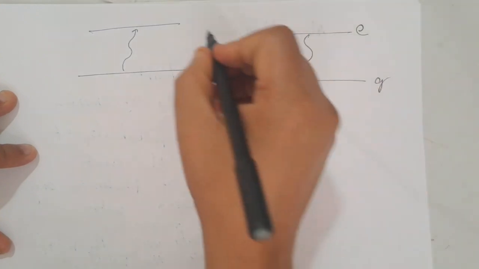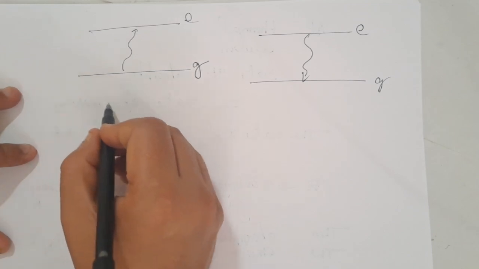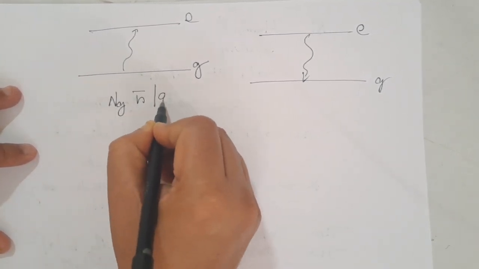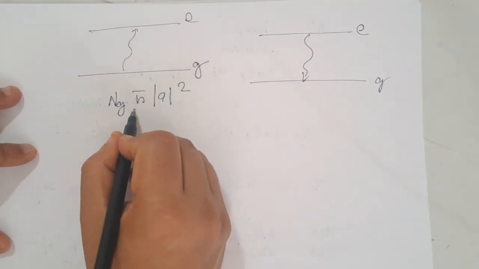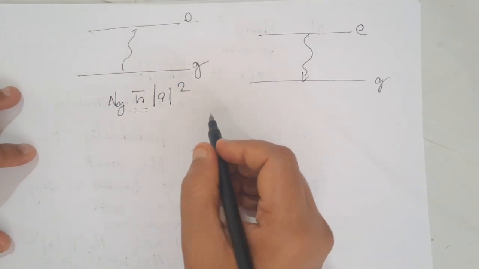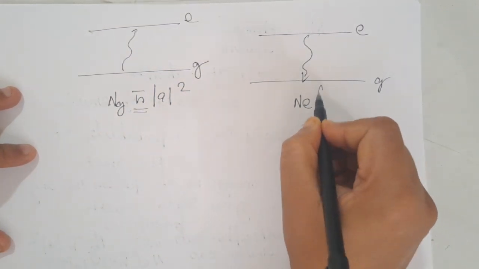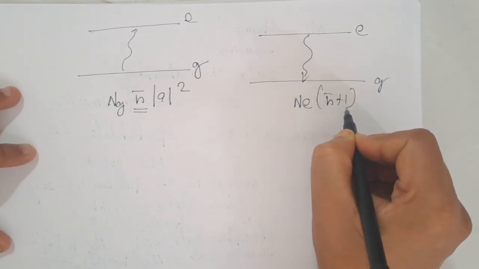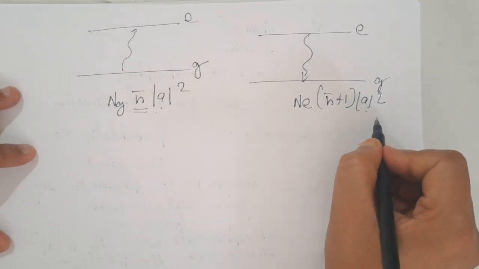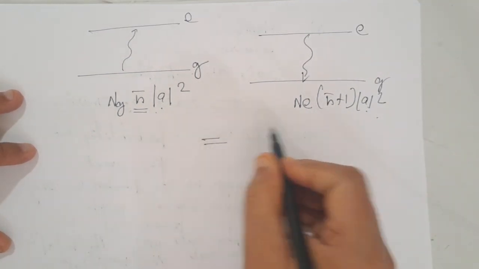The absorption rate is Ng n bar A squared, where n bar is the average number of photons present in any given state, and the emission rate is Ne (n bar plus 1) A squared. A squared is nothing but the probability of the event.